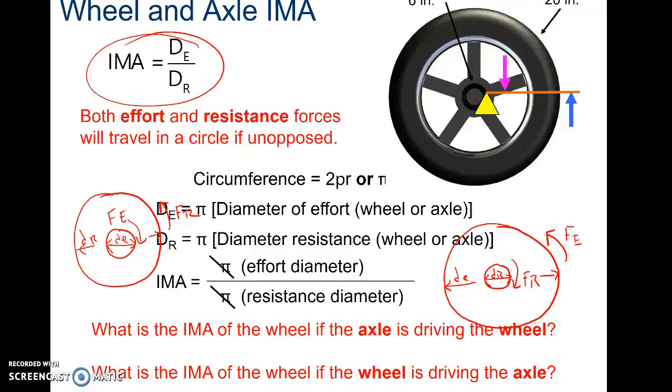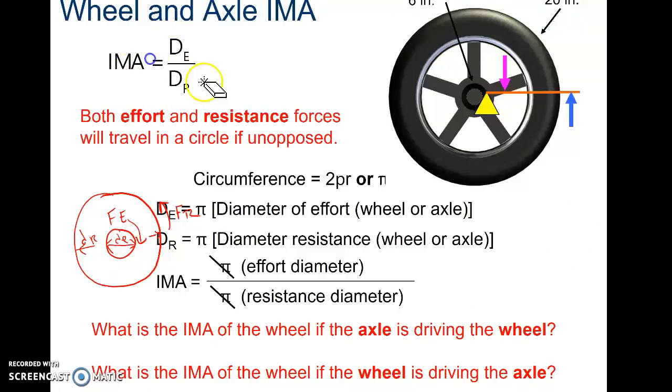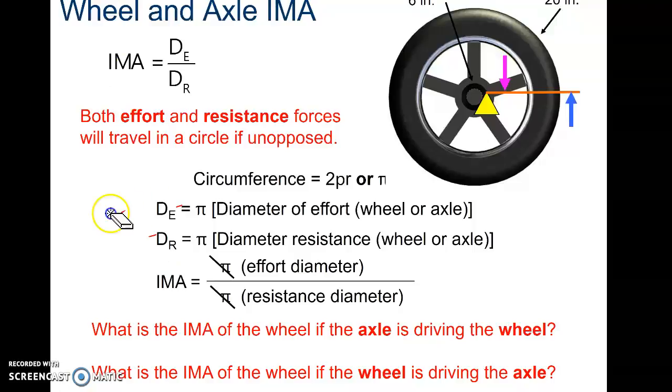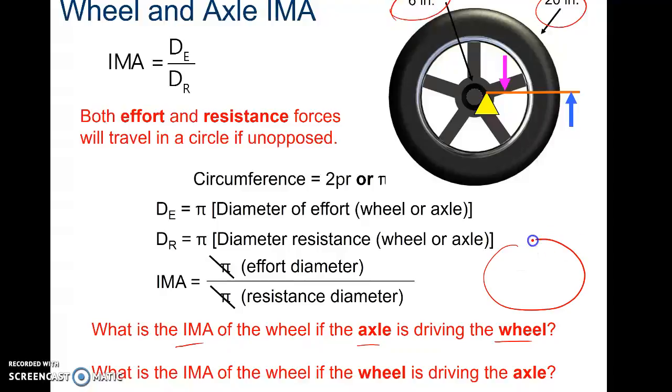In this particular scenario, it tells us that the diameter of the axle is 6 inches, and the diameter of the wheel is 20 inches. What is the IMA if the axle is driving the wheel? If the axle drives the wheel, then our FE is on the inside and our FR is on the outside.